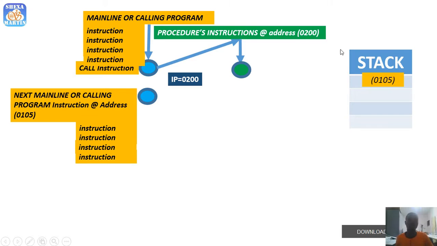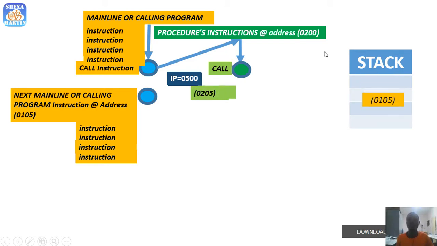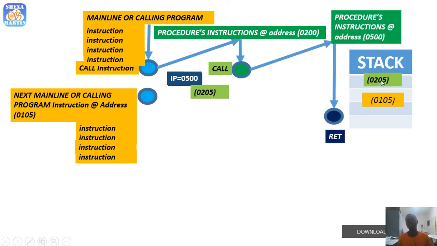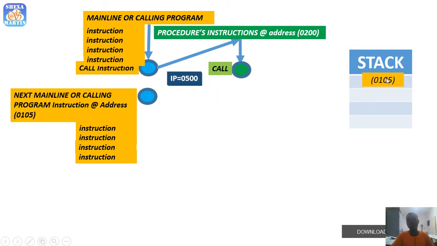See that on call, IP is populated with 0500, which is the address of this other instruction to be executed. So 0205 is the address of the next instruction to be executed after running the call instruction. So this is what happens.